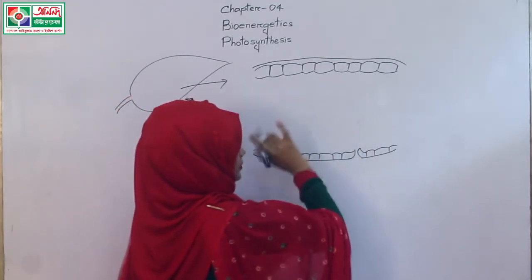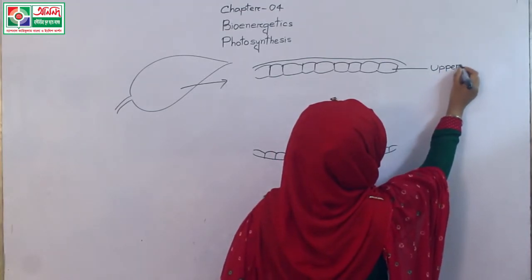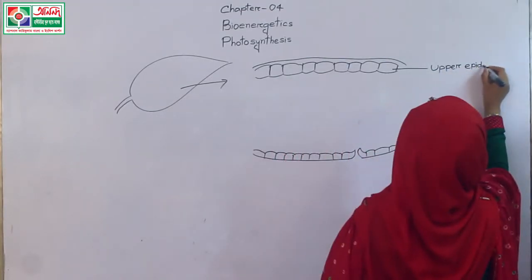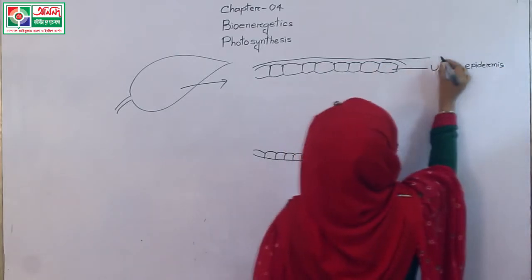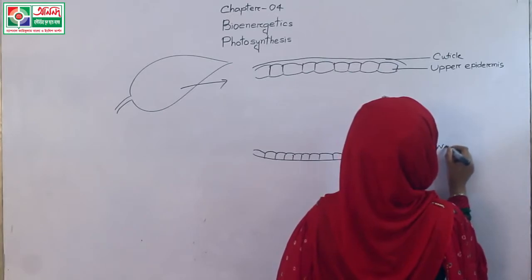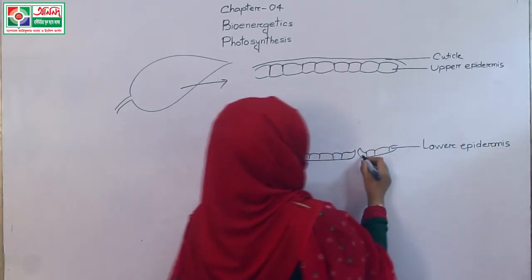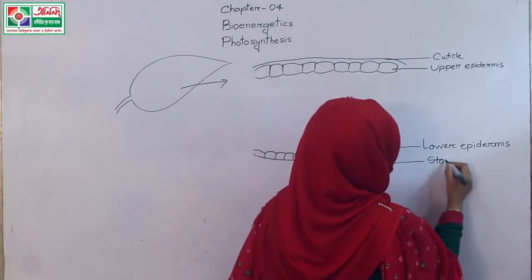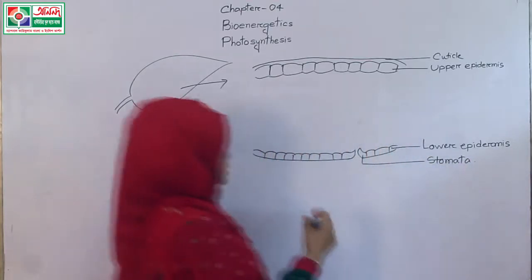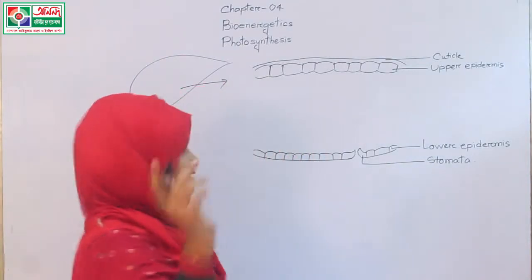So this is the upper epidermis. I am labeling upper epidermis. This is cuticle. This is lower epidermis, and this is stomata. Okay, students, and in between these two epidermis there are some cells.